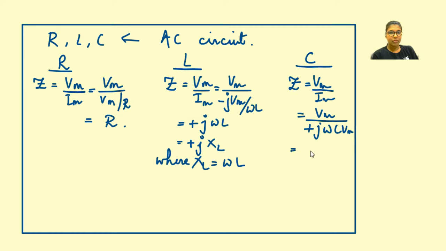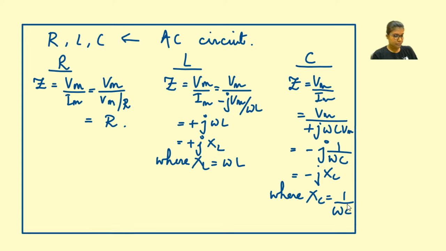So that came out to be minus J 1 upon omega C, which is minus J XC, where XC is equal to 1 upon omega C. So these were the important derivations that we had done yesterday, and these are the formulae that we had derived.